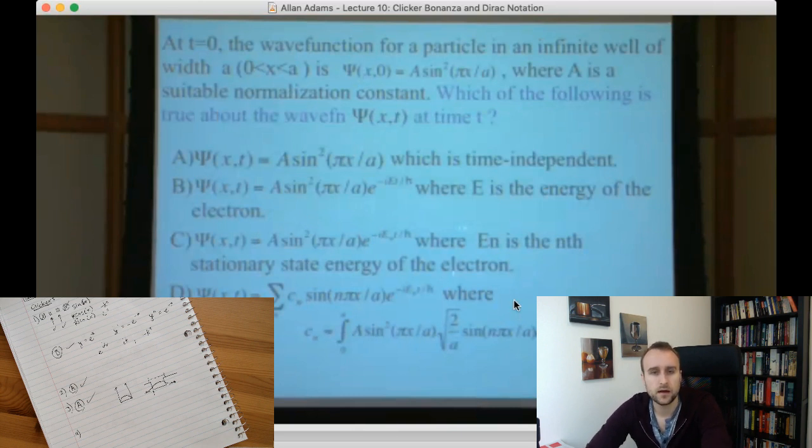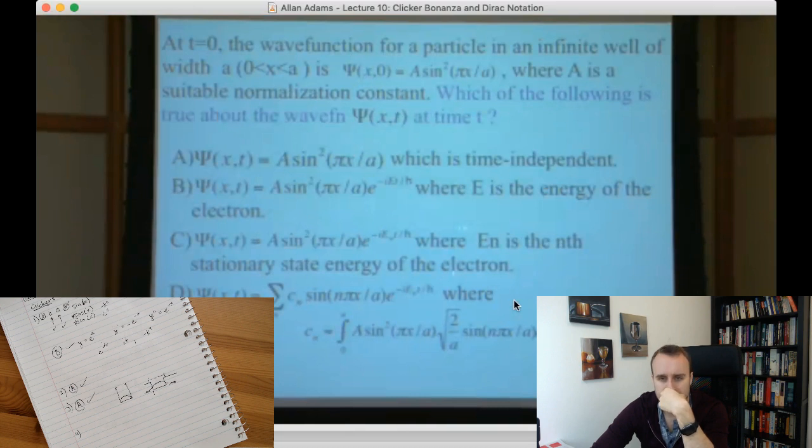B, psi of x and t equals A sine squared times a phase, where E is the energy of the electron. What are we looking at here? I don't think it's going to be that.